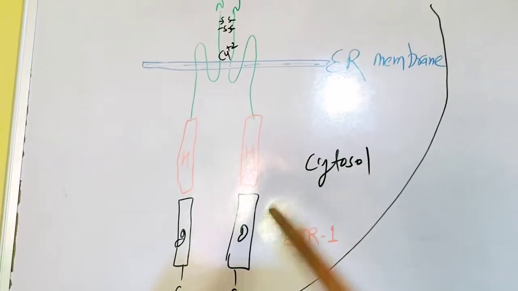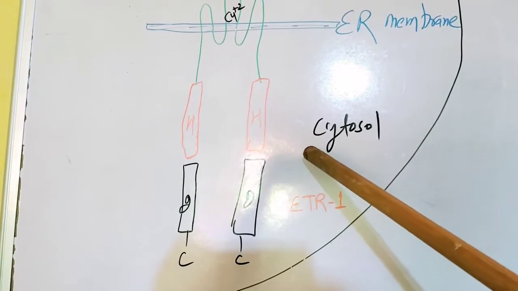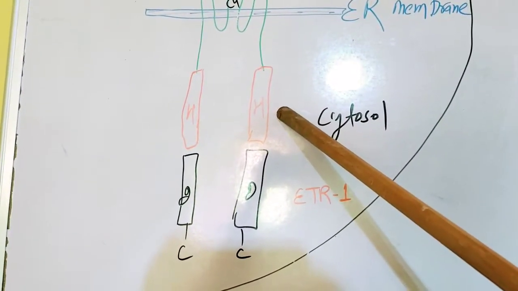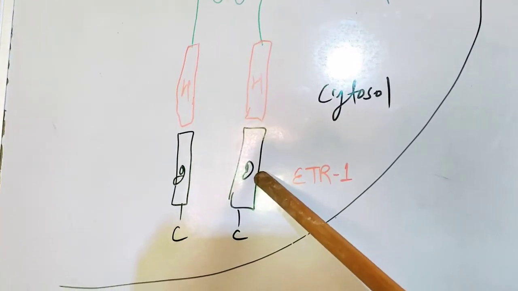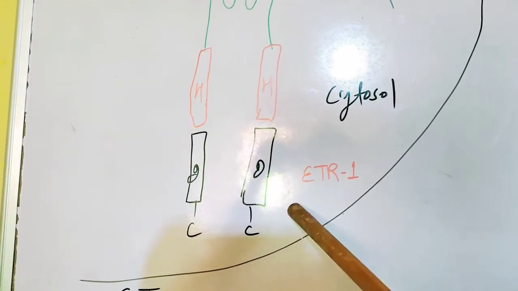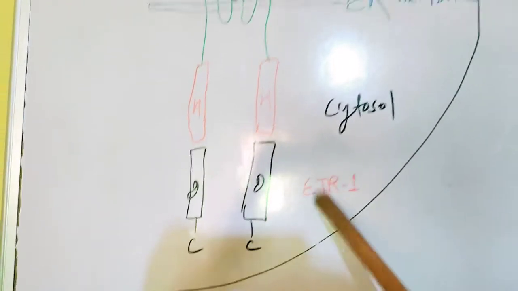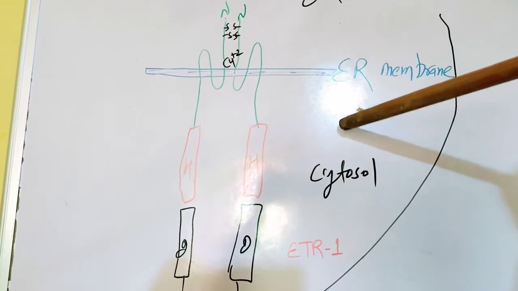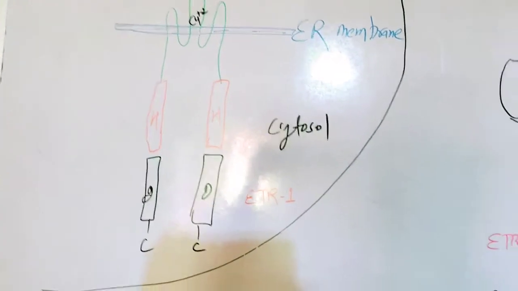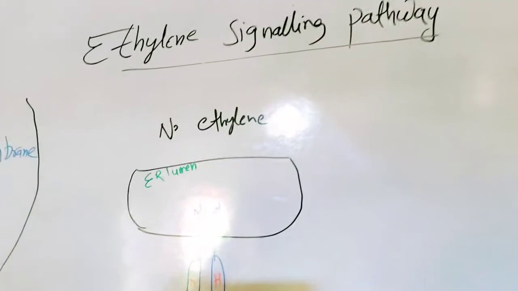And here is the cytosolic domain, and you can see it's a histidine kinase and a receiver domain. It is the C terminal of your receptor ETR1. So these structures show homology to the bacterial two-component structure. So let's see how the ethylene genes will be on or off.